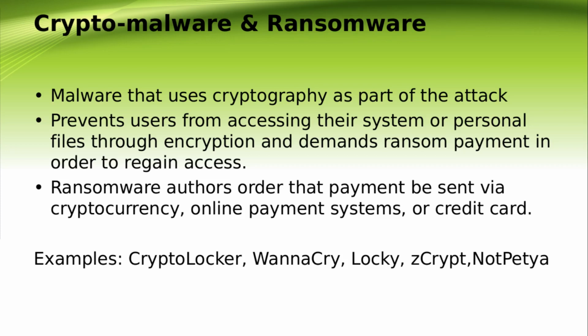Such malware is also known as crypto-malware, because it is specifically designed to find potentially valuable data on a system and encrypt it. In March 2017, the ransomware known as WannaCry appeared. You can see the examples, CryptoLocker and WannaCry. WannaCry affected hundreds of thousands of systems around the world. It specifically exploited unpatched vulnerabilities on Windows systems.